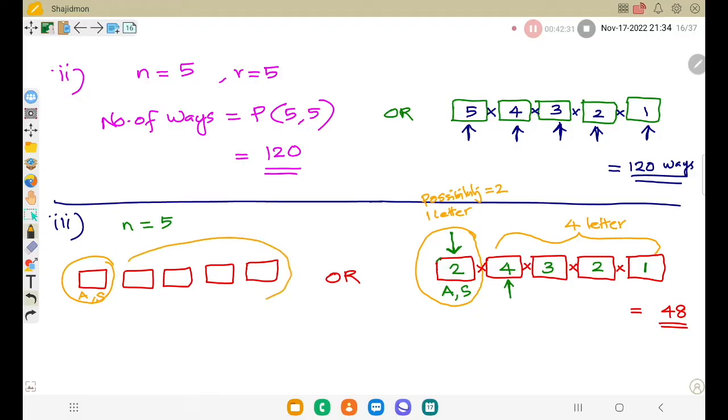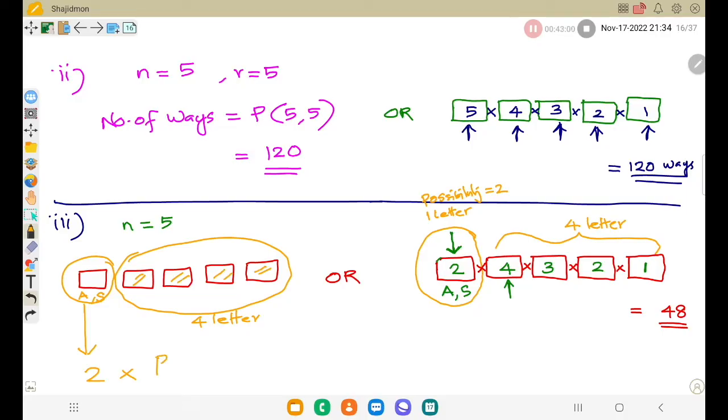Here totally how many letters remaining? 4 letters, correct? First position, how many possibilities we have? 2 possibilities. So 2 multiply. Now here we have 4 letters. Out of the 4 letters, how many letters do we need to fill? Here 1, here 2, here 3, here 4. 4 out of 4.